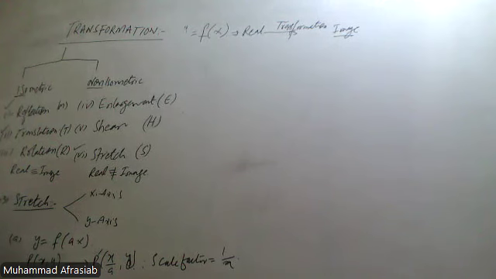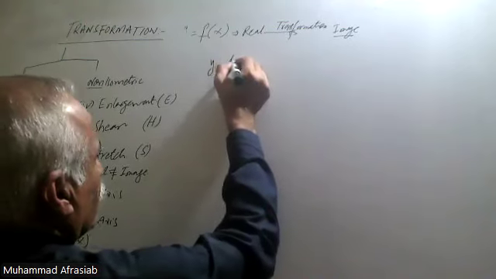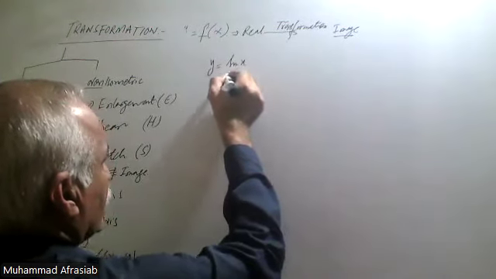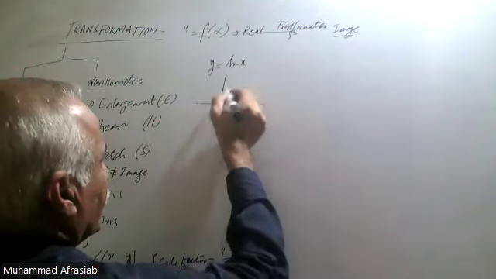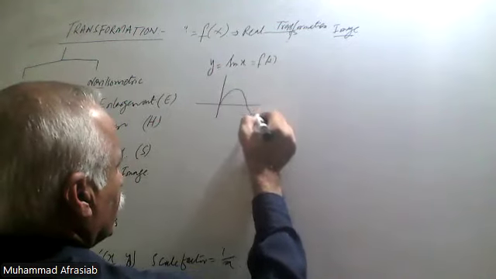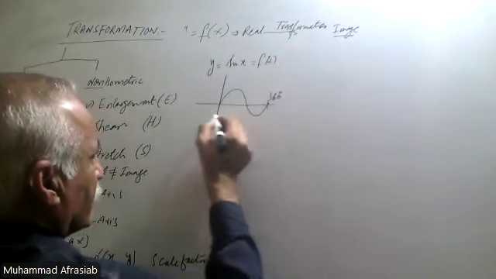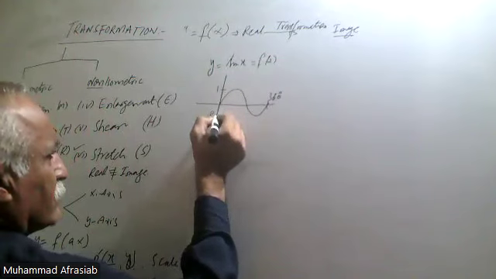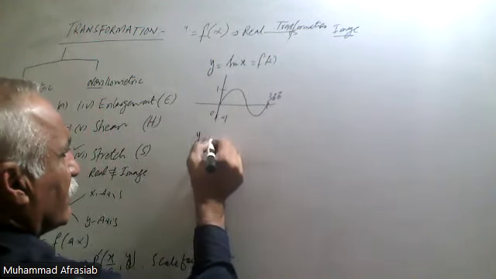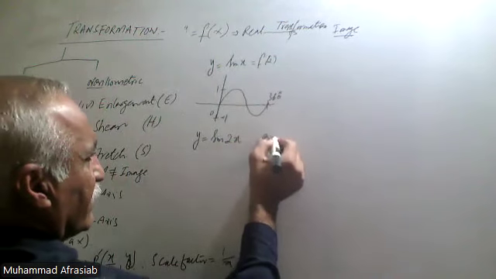Now how it will be, for example, y equal to sine of x, we know that the graph of this is like this. And we have to draw the graph of sine of 2x, where a is 2.